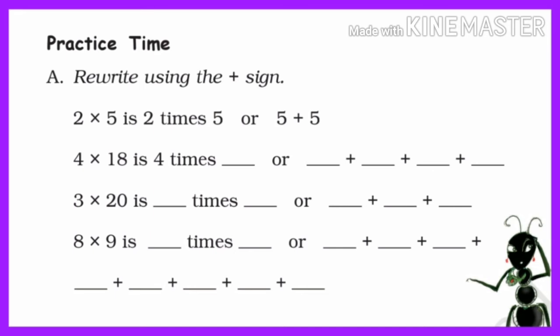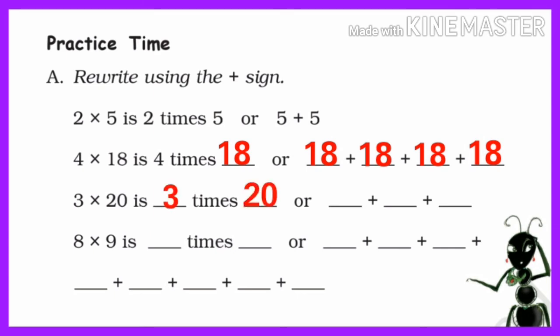Similarly, 4 multiplied by 18 is 4 times 18, or in another way we can write it as 18 plus 18 plus 18 plus 18. Next, 3 multiplied by 20 is 3 times 20, or we can write it as 20 plus 20 plus 20.